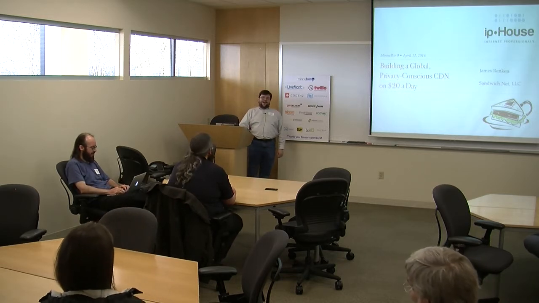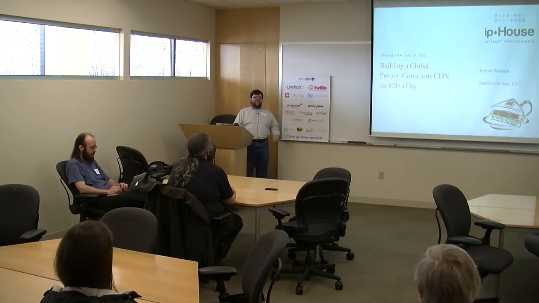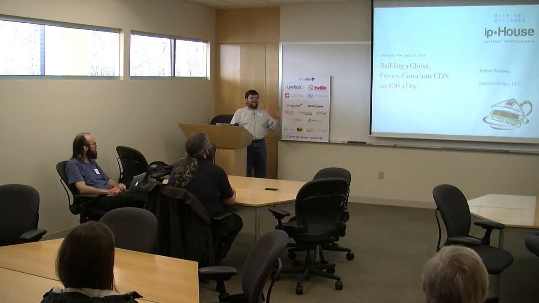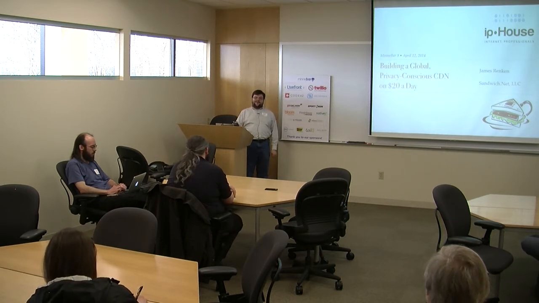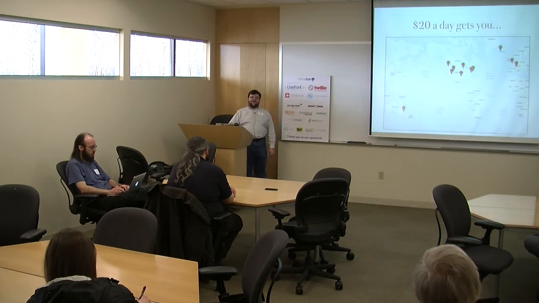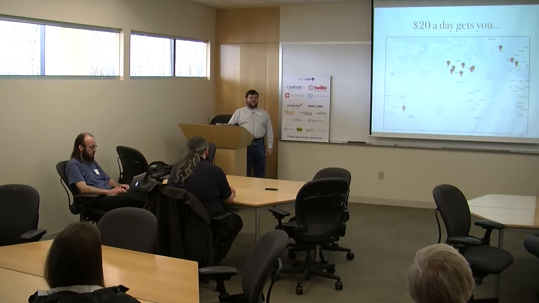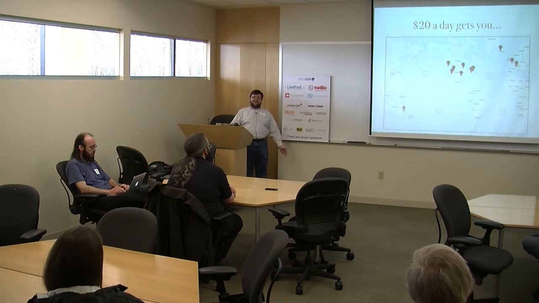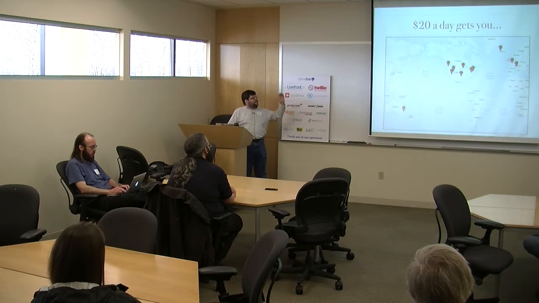So I'm James Renken. I'm a sysadmin at IP House, but this is all with one of my side projects, Sandwich.net, a tiny, tiny web hosting company, basically an excuse for me to do things that I couldn't do without a company. What I did is build a global CDN, a content delivery network, to make web pages faster. I have 13 nodes.